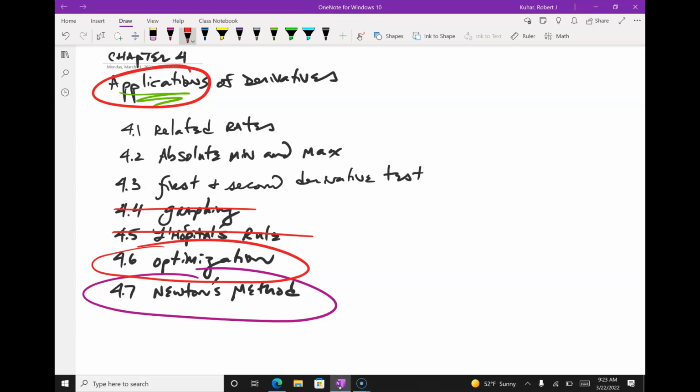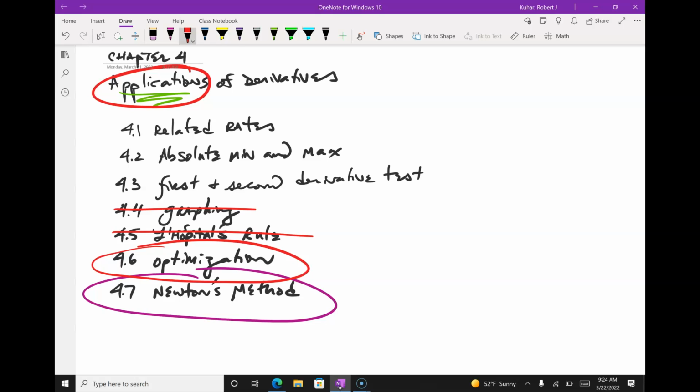So related rates, absolute min and max, first and second derivative test. Notice I cut out section 4.4, that's graphing. So you'll see when we learn these different tests, it'll tell us if the graph is increasing or decreasing or concave up or concave down. And so you really should be able to graph any function without a calculator after this section, okay?